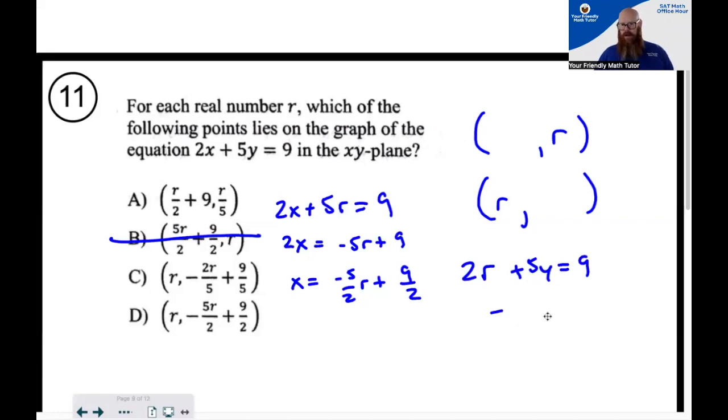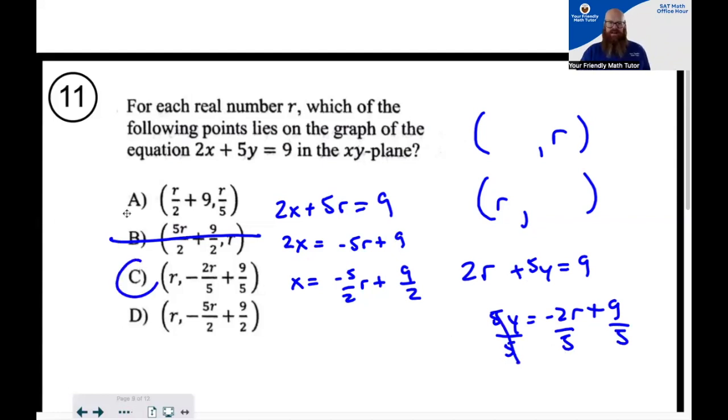So 5y equals negative 2r plus 9. And then I'm going to divide everything by 5. So y is equal to negative 2/5 r plus 9/5, and that's what I have here in C. So A really didn't make sense, and D is just, again, they divided wrong.